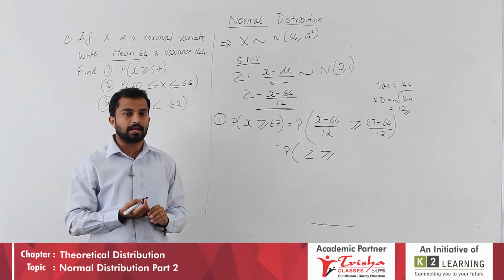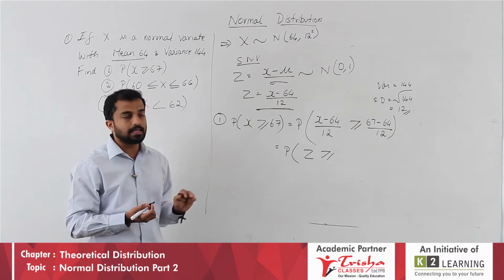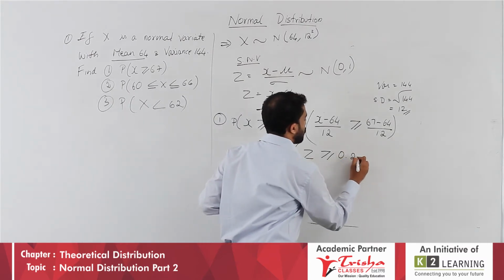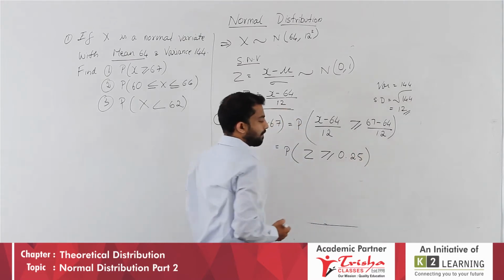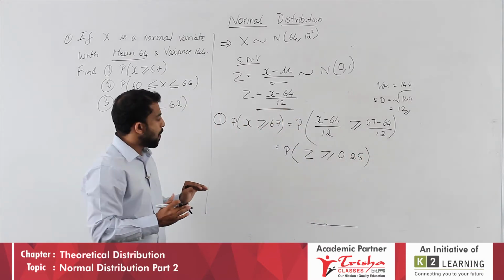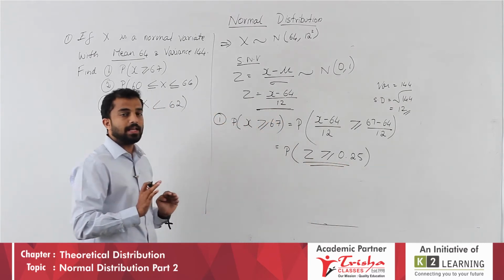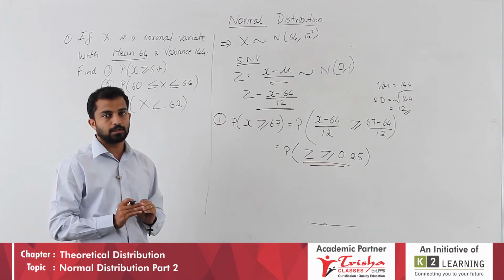How much are you getting it? You should get 3 by 12 as 0.25.